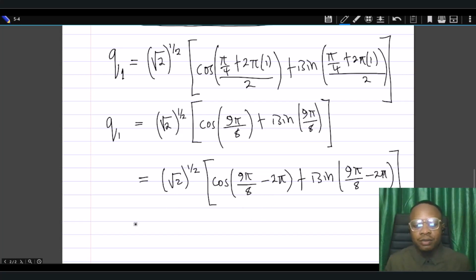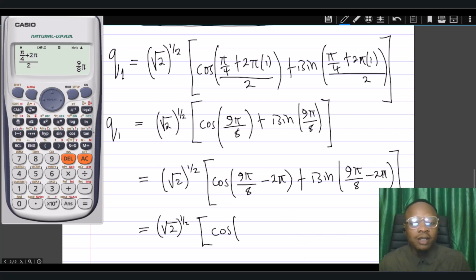So this is going to give us the root 2 to the power of 1 over 2, then multiplying the cosine of, so let's see what this gives us. If we subtract 2 pi from the result we just obtained, it gives us minus 7 over 8 pi.